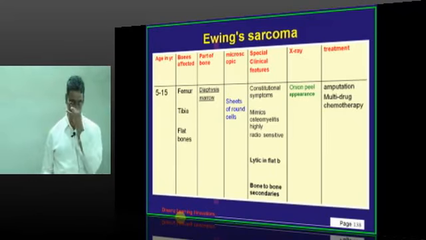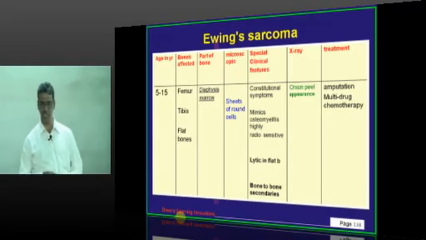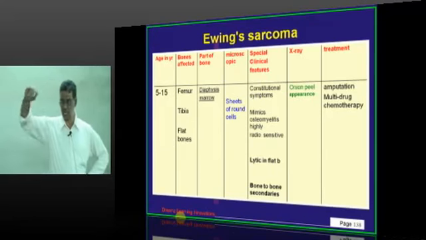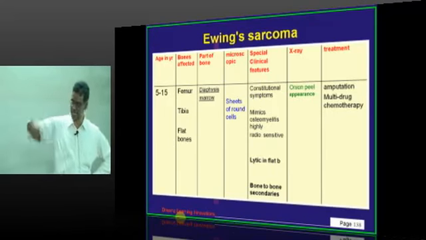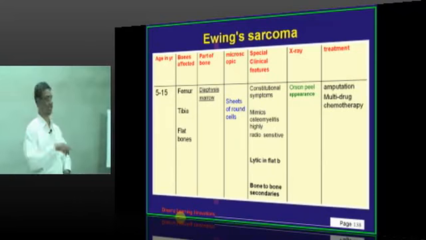Ewing sarcoma occurring in the long bones produces an onion peel appearance. The same Ewing sarcoma in flat bones like calcaneum, scapula etc. produces lytic areas. In long bones, onion peel; in flat bones, lytic area.